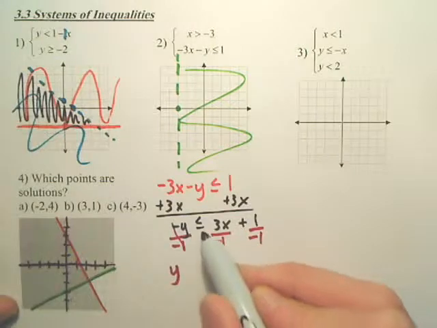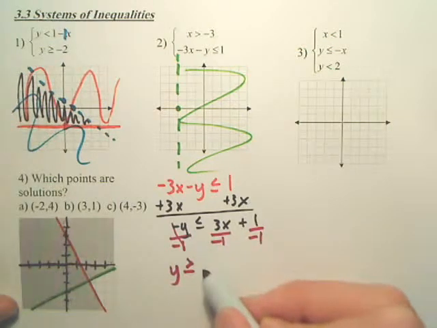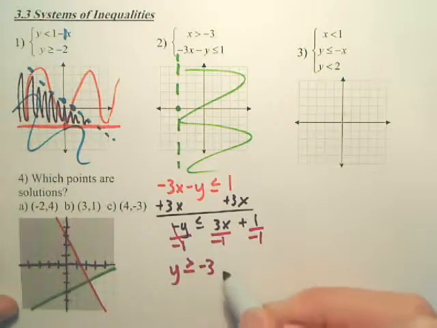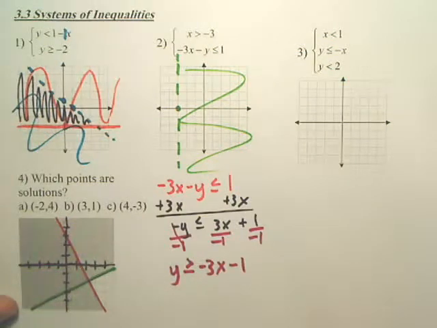Now when you divide by a negative, the sign flips. Becomes a greater than or equal to. 3 divided by negative 1 is negative 3. 1 divided by negative 1 is negative 1. There's my graph.